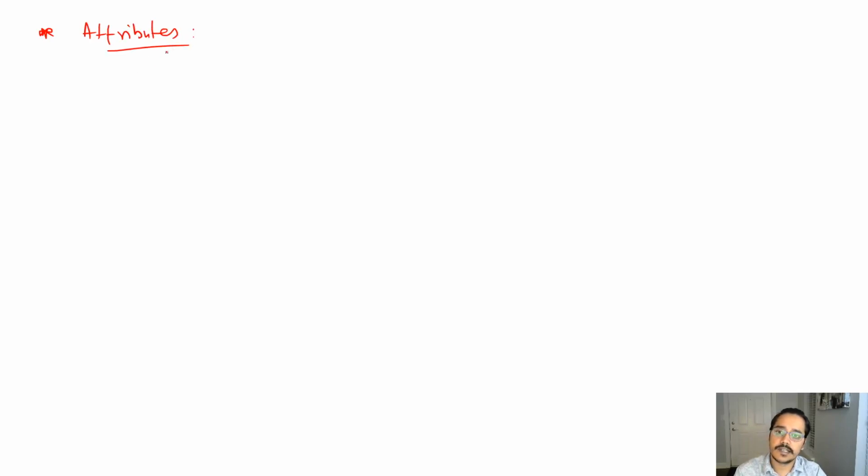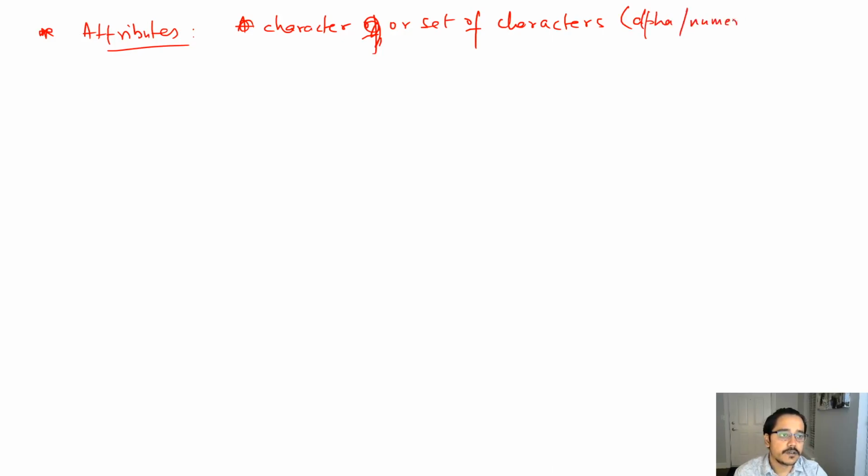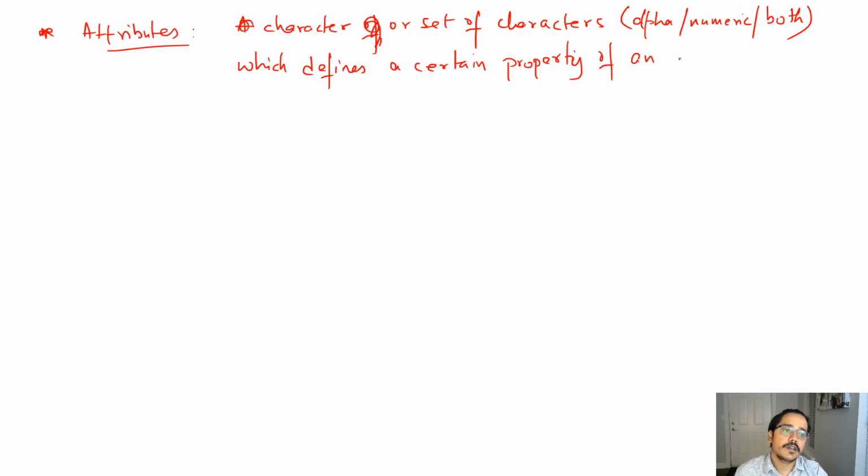So attributes are basically a character or a set of characters, which can be alphabetical or numeric or both, which defines a certain property of an entity instance, or we can even say entity.